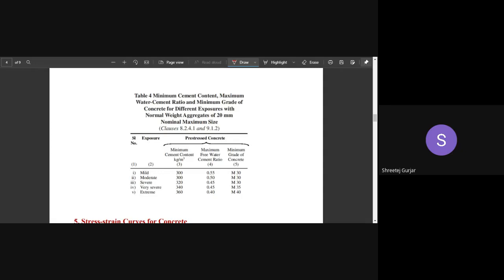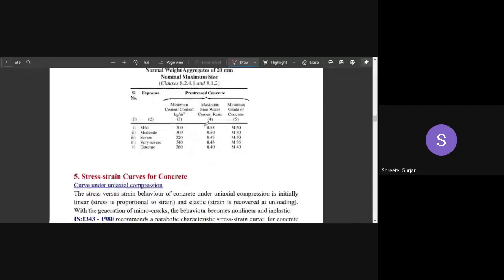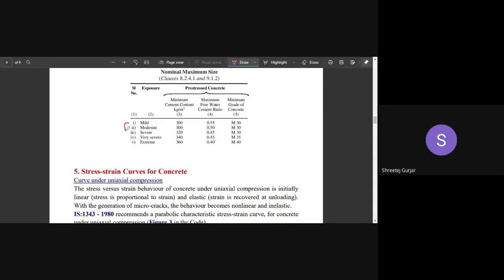You can see Table number 4 gives us the minimum cement content, the maximum water cement ratio, and the minimum grade of concrete required for different exposure conditions. We can see various exposure conditions starting from mild and going up to extreme: mild, moderate, severe, very severe, and extreme.